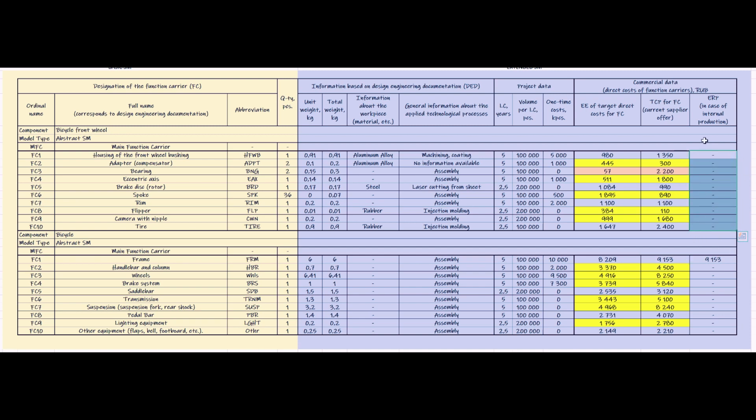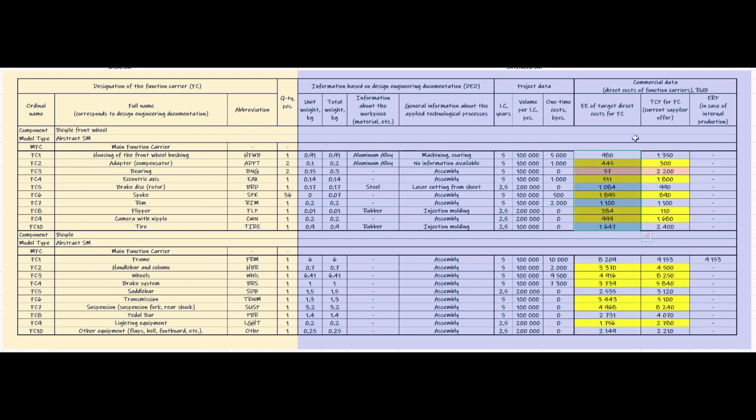The principle of filling in the column of expert value of target direct cost for functional carrier can also be attributed to the differences of the two abstract structural models considered by us: the abstract structural model of the bicycle and the abstract structural model of the front wheel.